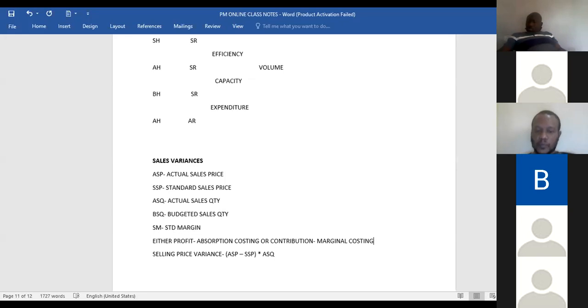If you look at what we've just done upstairs, you will see that we can make this look like the other pro formas, and we can do ASP. Remember that's ASP multiplied by ASQ, and now this pro forma starts looking like the other one.